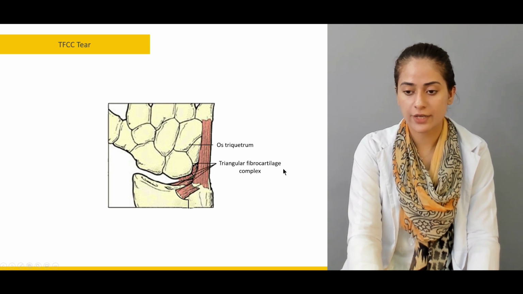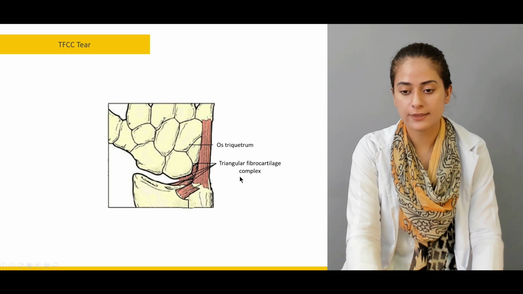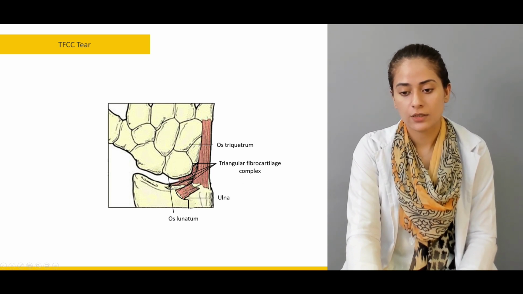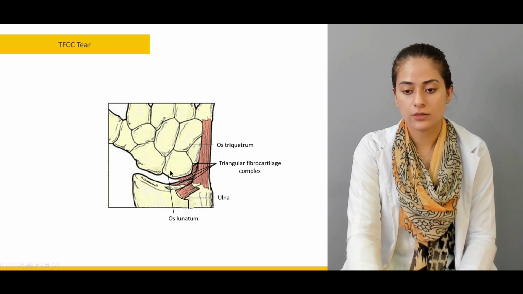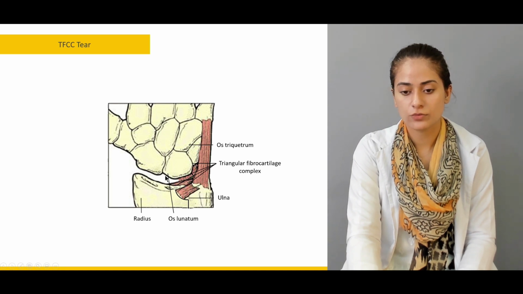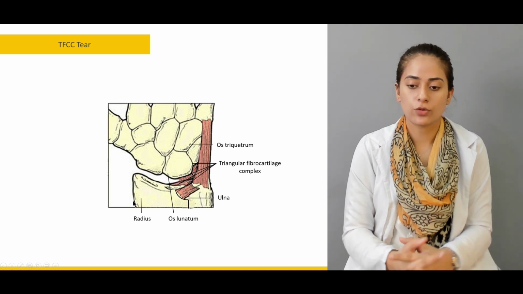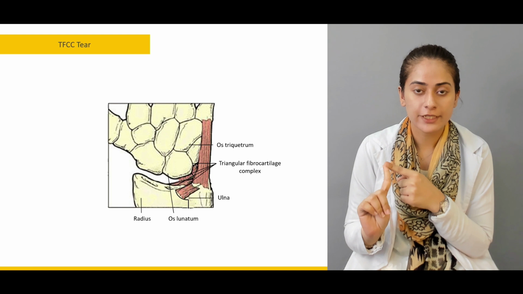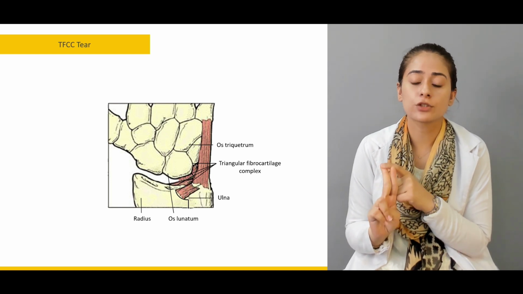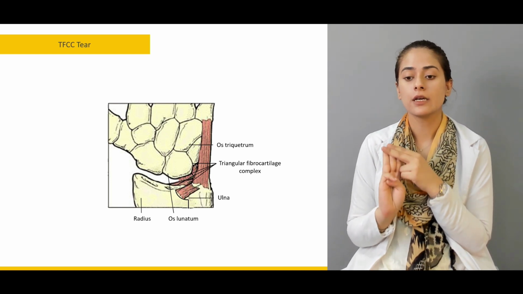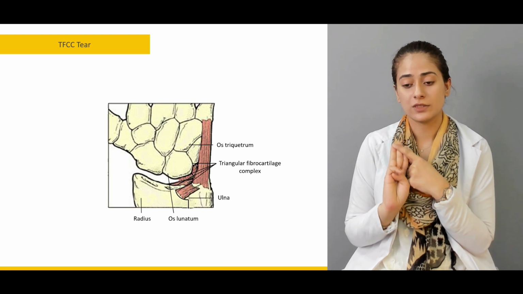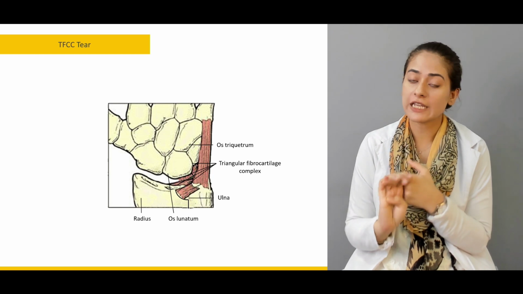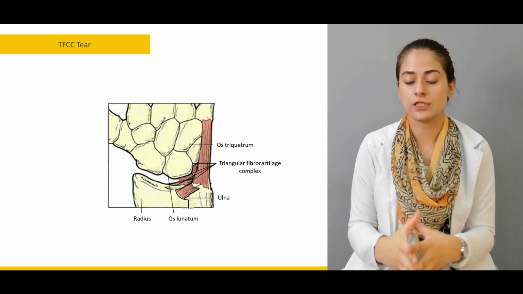So this is the triquetrum, like we just labeled. This is the triangular fibrocartilage complex, the ulna bone here, the lunate carpal bone, and the radius. So these 4 ligaments, the radio-ulnar ligament, the ulnar collateral ligament, the ulnotriquetral ligament, and the ulno-lunate ligament form the TFC complex.